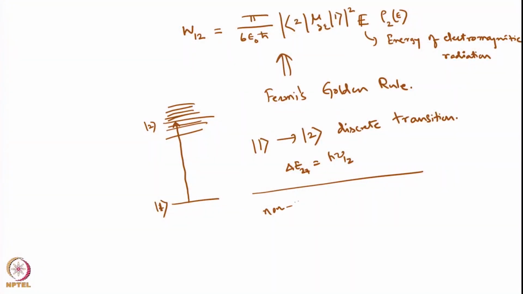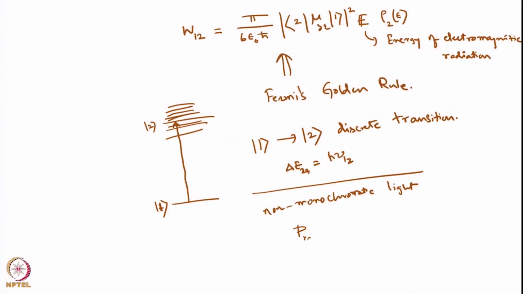Now, if you use non-monochromatic light, what I am trying to do is go from state 1 to state 2, which has an energy difference of delta E and frequency of nu 1 2, but using non-monochromatic radiation.